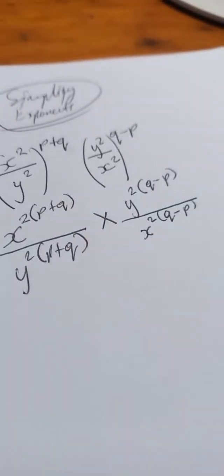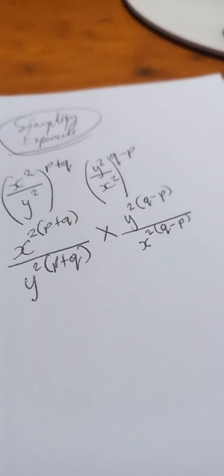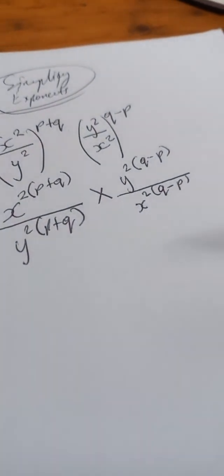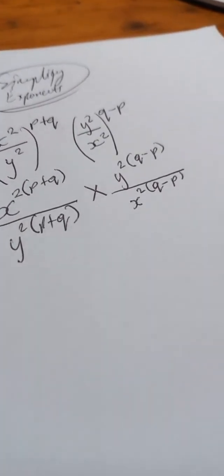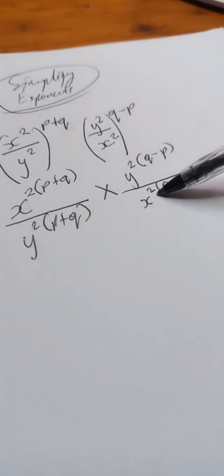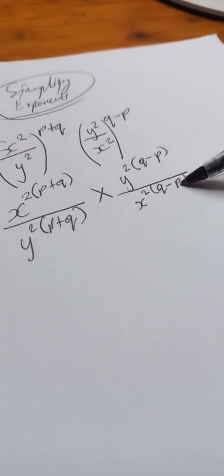Now, what are we saying? If we are multiplying and we are dividing, what is really happening here? This x is multiplying this, this is multiplying this, but this is being divided by this.